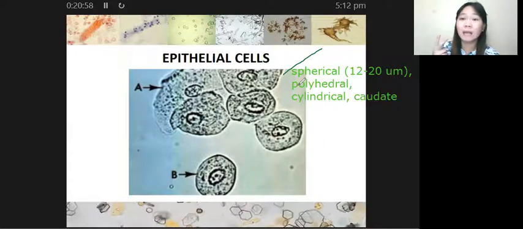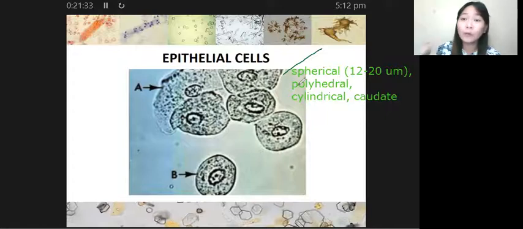Kasi mukha talaga siyang RTE. Pero pwedeng spherical lang siya na transitional epithelial cell. Remember, saan tayo magkakatalo pag na-misidentify mo yan? Magkakatalo tayo sa significance. Kasi ang RTE, very significant yan. It is the most significant epithelial cell as compared to your transitional epithelial cell which are only significant pag marami sila.